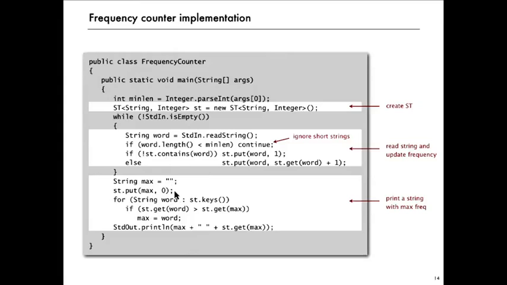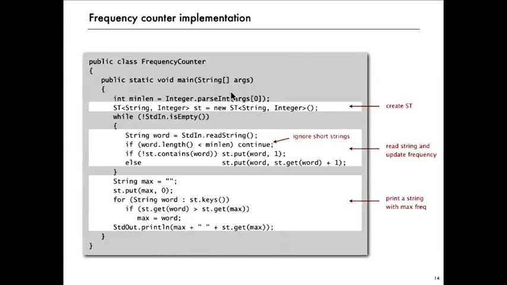And then we'll have a client that uses the iterator going through all the keys in the symbol table. It'll get the value associated with each key, and if that's bigger than the maximum found so far, we'll save that away and then print out the word that occurs the most often along with its frequency.